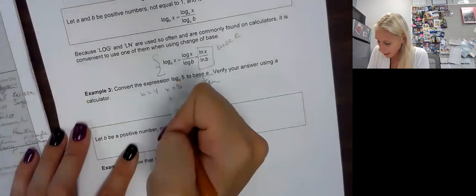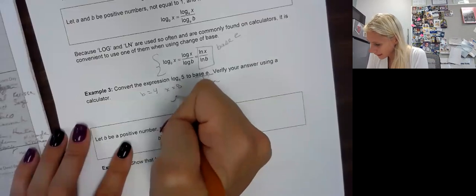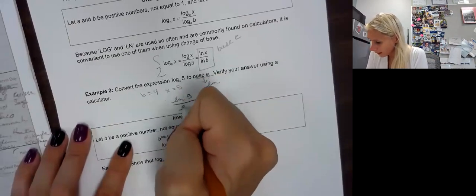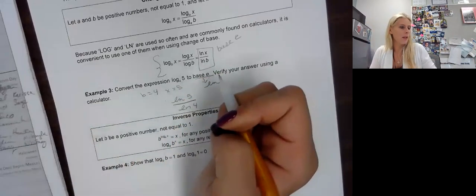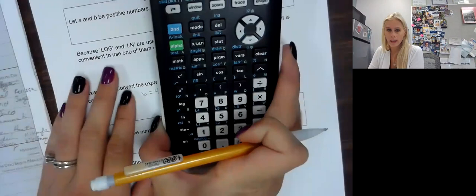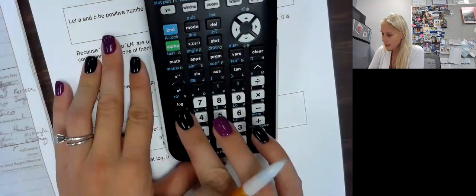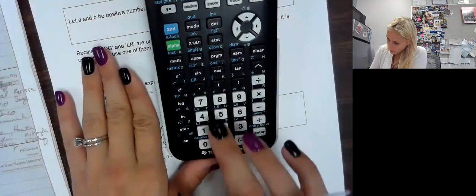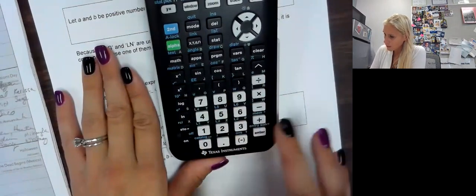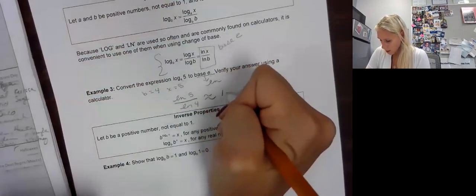So when we have log base 4 of 5, I can simply say in our calculator ln 5 divided by ln 4. I know I'm using my graphing calculator, but on your calculator, look for the ln button. So I'm going to say ln 5 divided by ln 4, and I'm going to go out a couple decimal places, so 1.16.